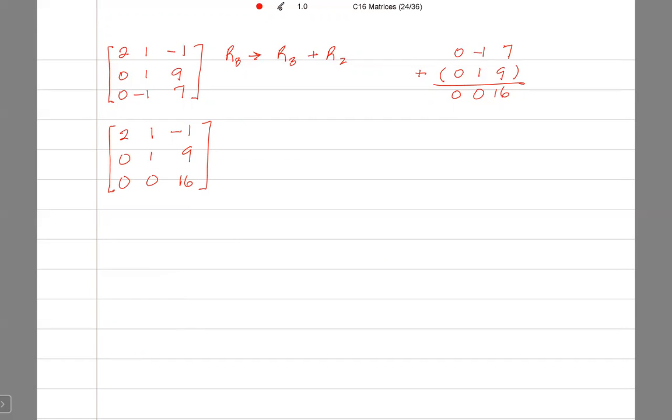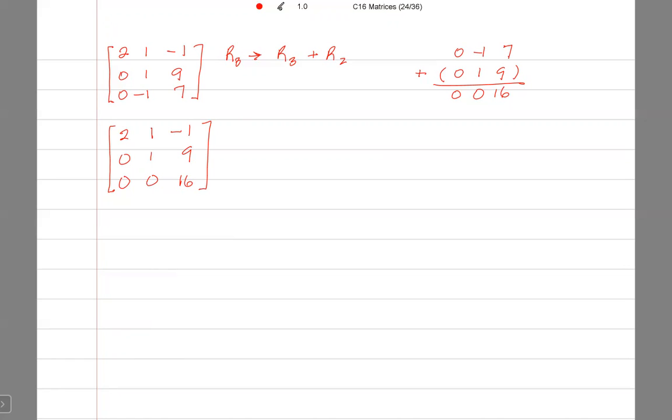In row echelon form, the leading diagonal elements, right now, there are 2, 1, and 16. They're all going to become 1. All the elements below the leading diagonal are going to be zeros. Once I can get it in that form, it's going to be in row echelon form.